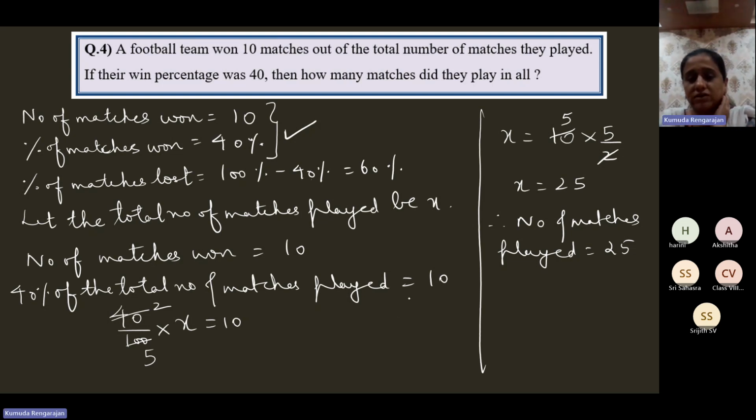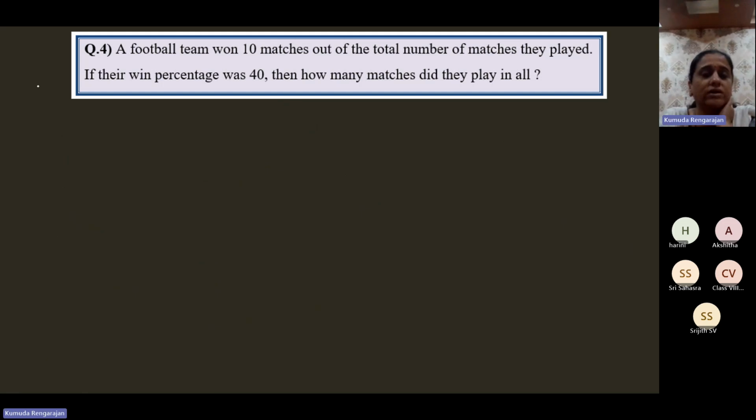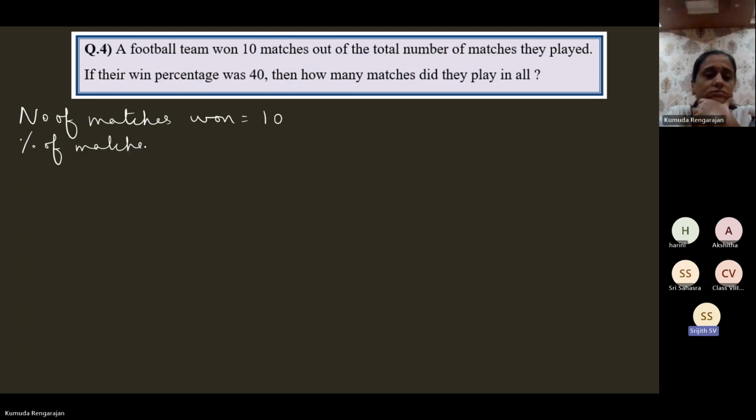Shall we do this again? Okay, tell me, what's the number of matches won? 10. Okay. Percentage of matches won? 40.